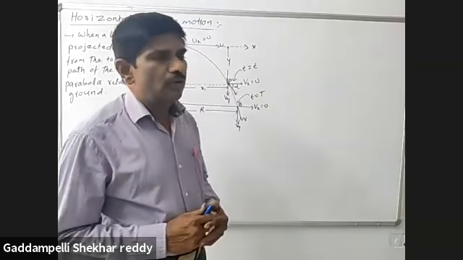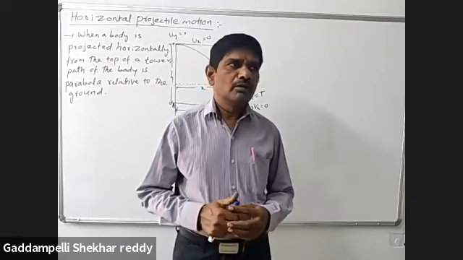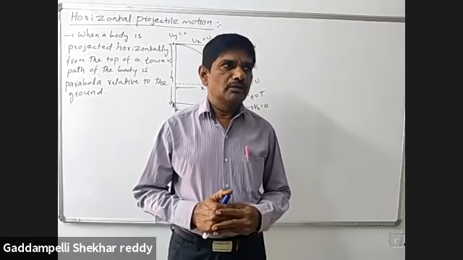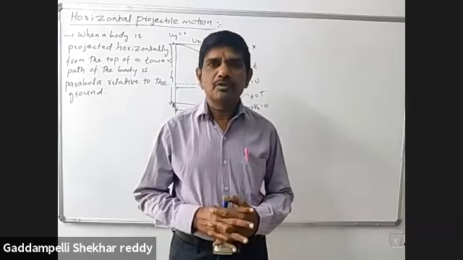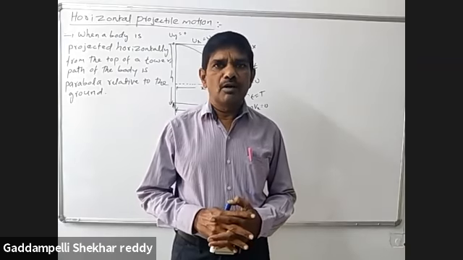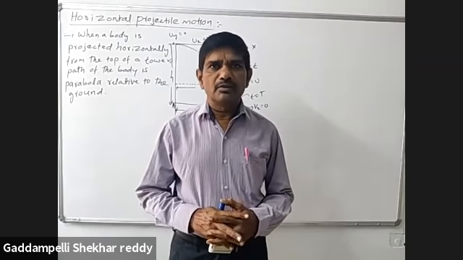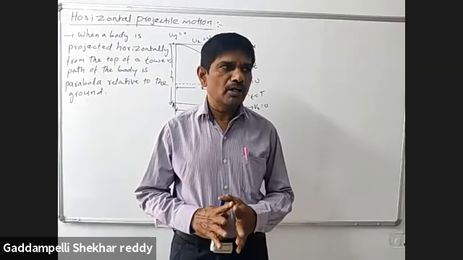Today we are going to discuss horizontal projectile. Previously we were discussing that projectile motion is of three types. One is oblique projectile, second is horizontal projectile, and third is projectile motion on an inclined plane.